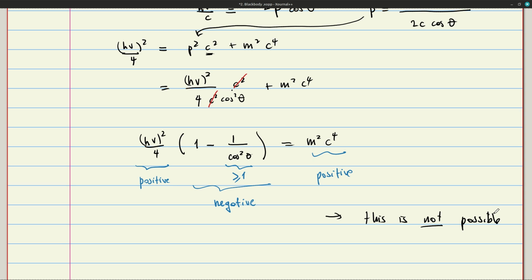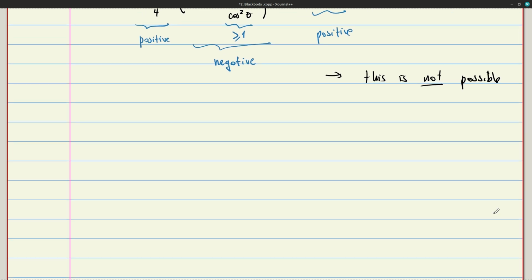However, we know pair production takes place. But it happens in the presence of a very heavy nucleus, because it happens in nuclear materials like uranium, which has a gigantic nucleus. Let me represent it like a gigantic nucleus, and in the presence of this nucleus, I can write it here.